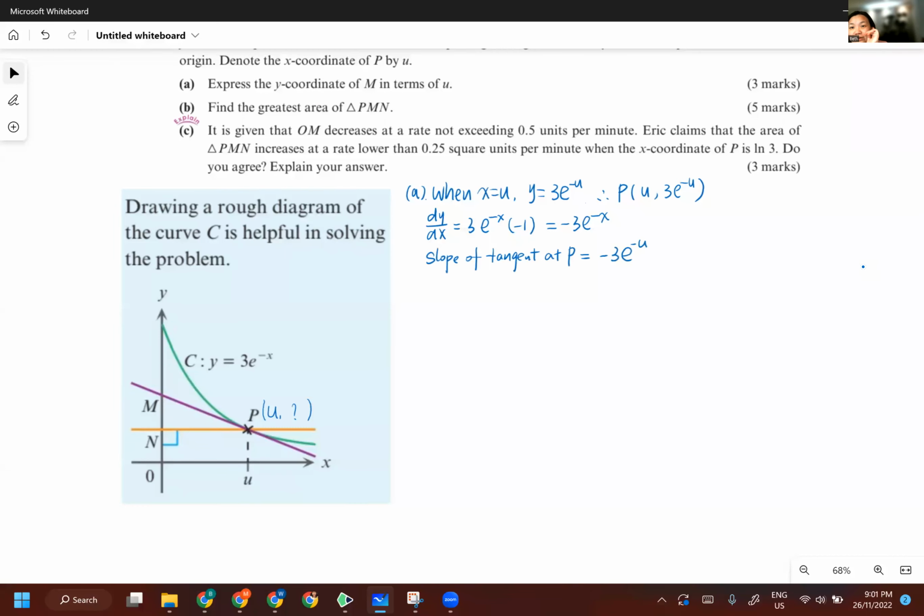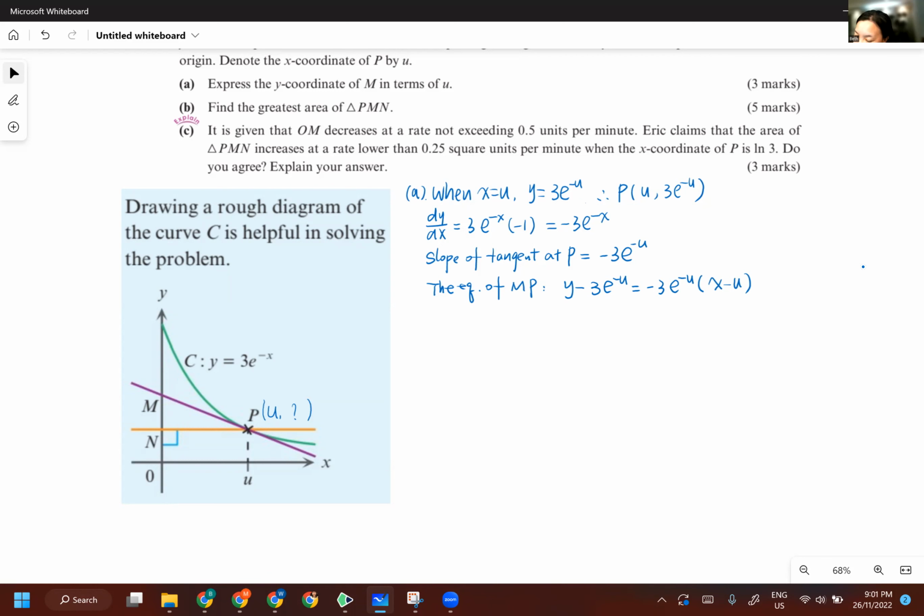Now the equation of MP: y minus 3e^(-u) equals negative 3e^(-u) times (x minus u). That's the equation.